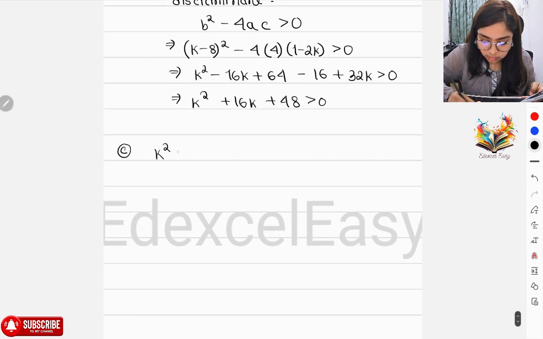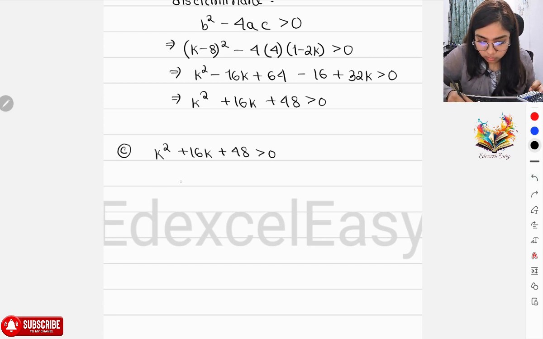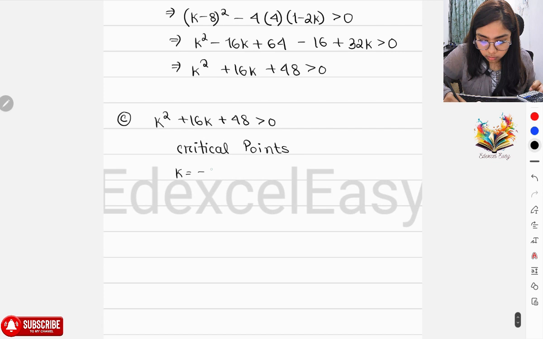So k squared plus 16k plus 48 greater than 0. Now I am skipping the middle term step, but the middle term should always be written over here. So this is the calculation for the critical points. You get k equals minus 4 and k equals minus 12.